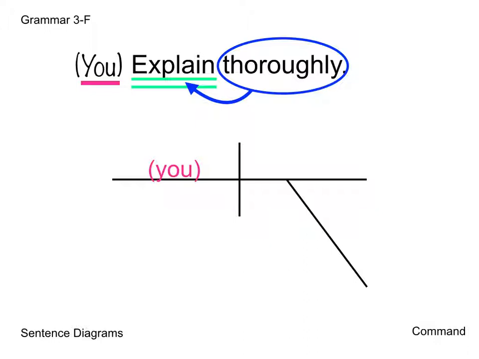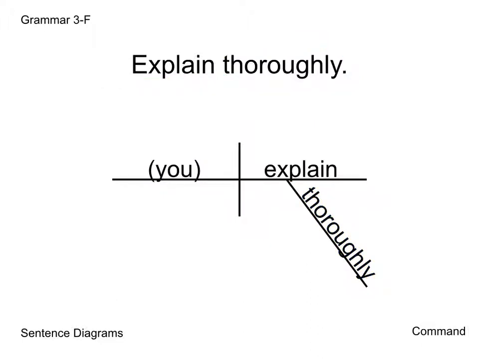It's not a given you. So make sure you remember that all the times that you have a command and are working with a command. And then we're going to put in our verb, which is explain, and then we're going to put in our adverb, which is describing the verb, and that is thoroughly. So now we have diagrammed the command.